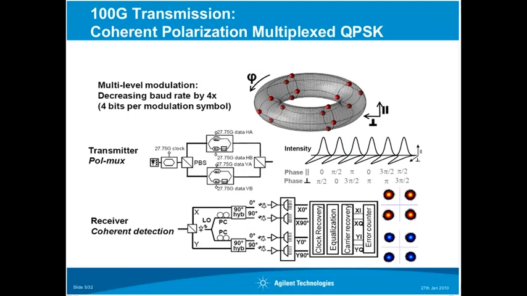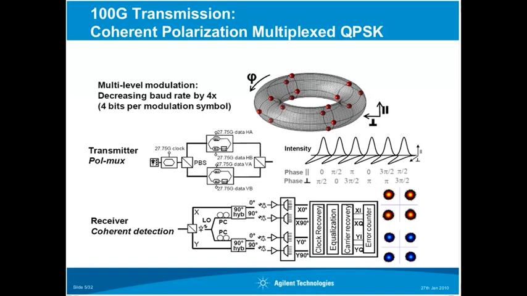So some people draw these nice pictures like this. You duplicate the constellation diagram into some sort of toroid space, which allows you to visualize what's happening on the link.